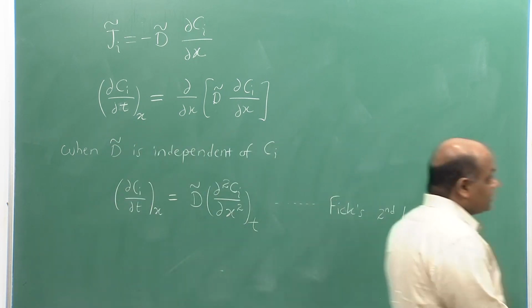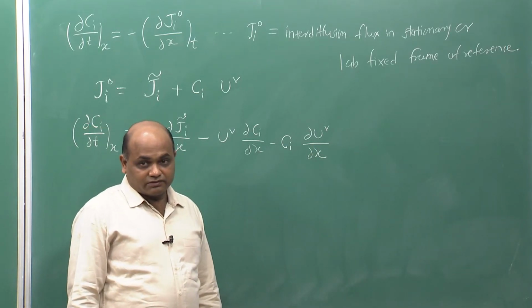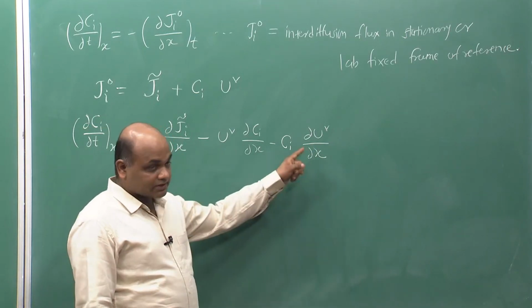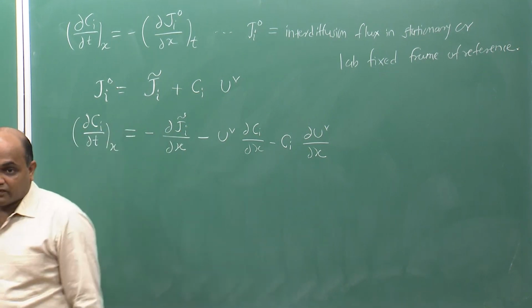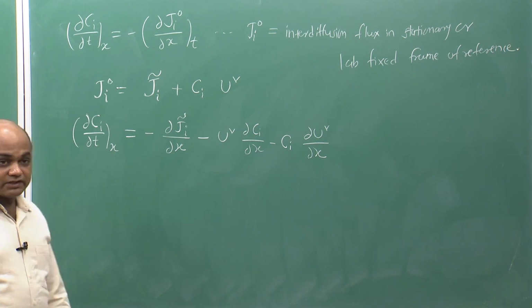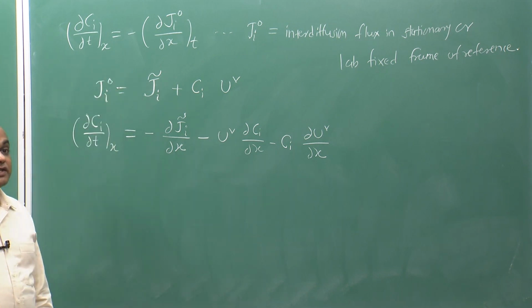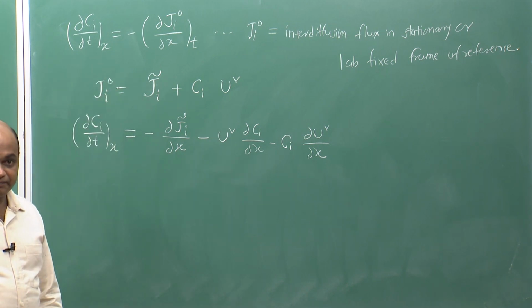Again, uv also varies with x, uv is not constant, it will change as a function of x and t. Clear? So, we will talk about this in more detail later, but at this point just understand that continuity equation applies only in stationary fixed frame. Clear?